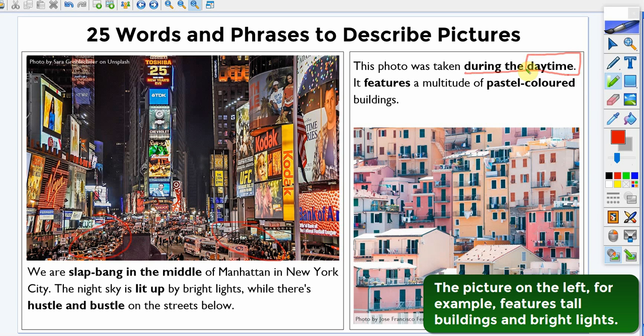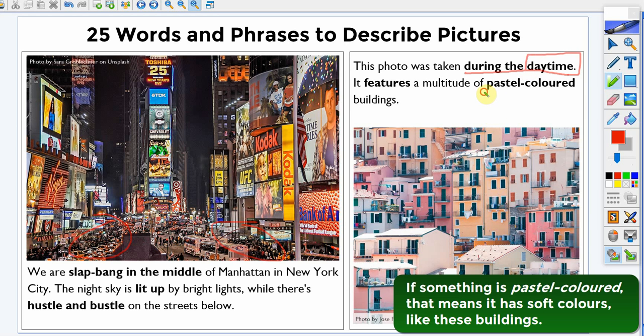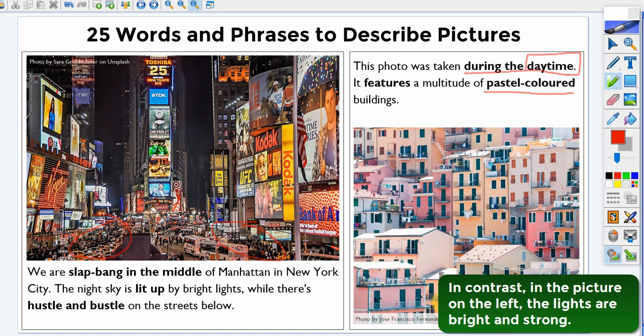The picture on the left, for example, features tall buildings and bright lights. If something is pastel coloured, that means it has soft colours, like these buildings. In contrast, in the picture on the left, the lights are bright and strong.